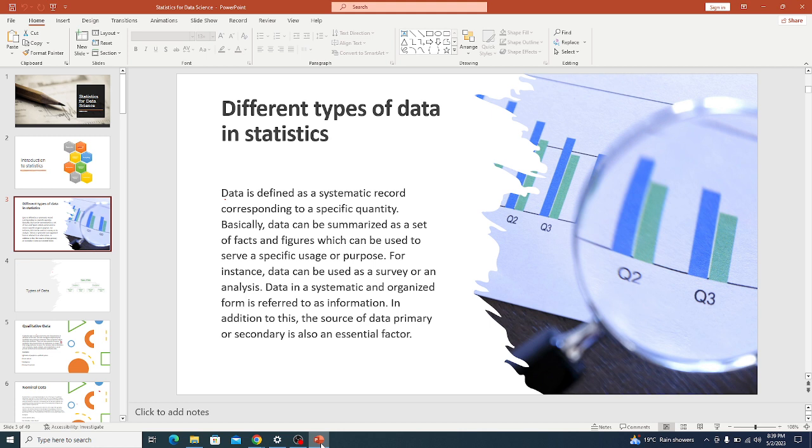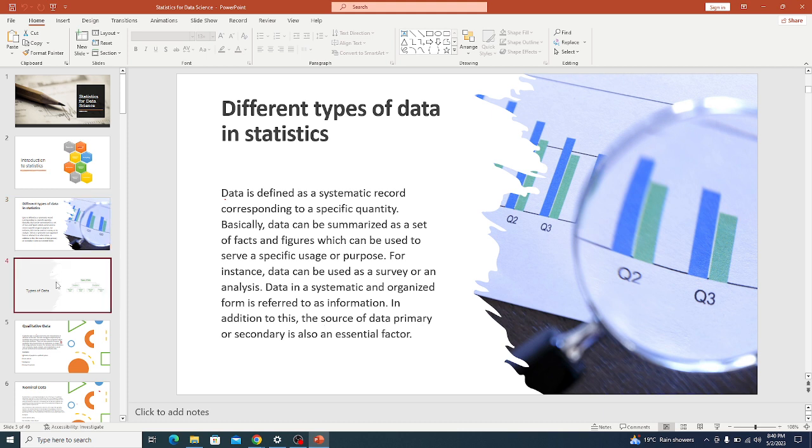That is a secondary source, because someone else or another system collected that data.